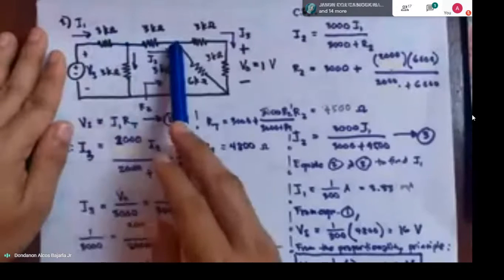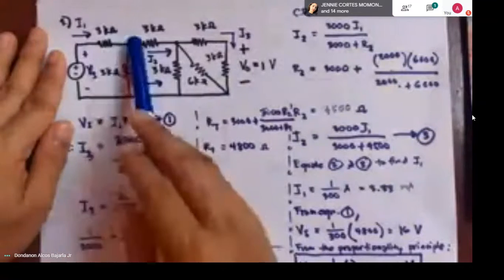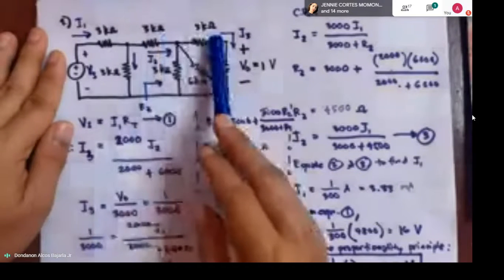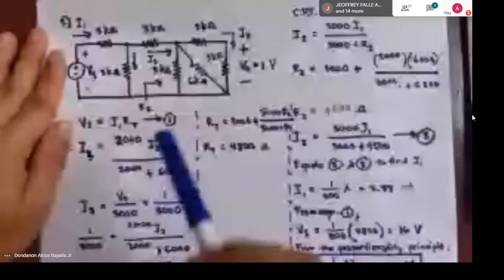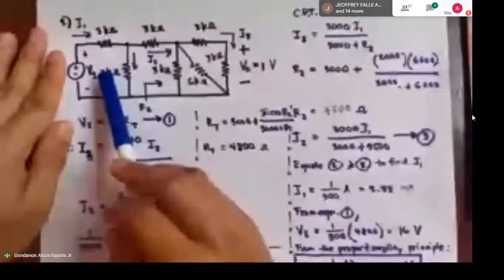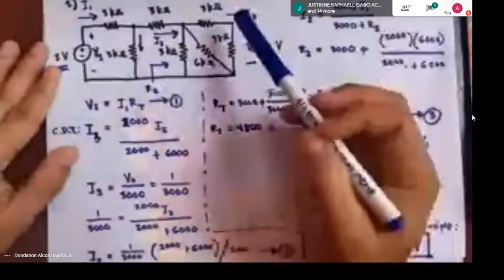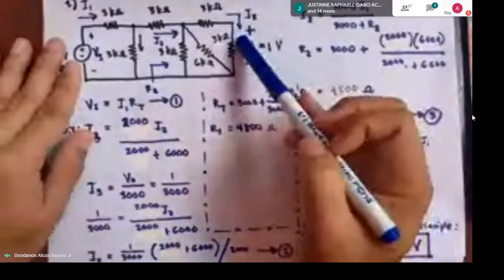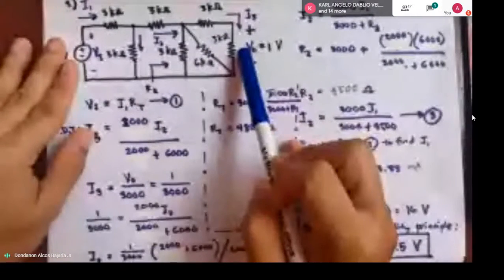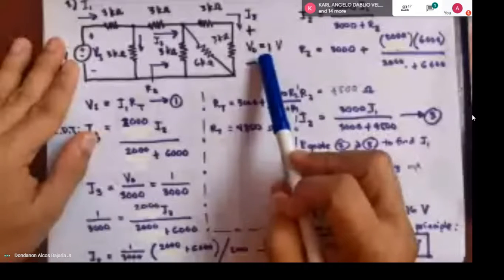We can gather this by reducing this to a single resistor. We begin here with the given: V sub O equals 1 volt.